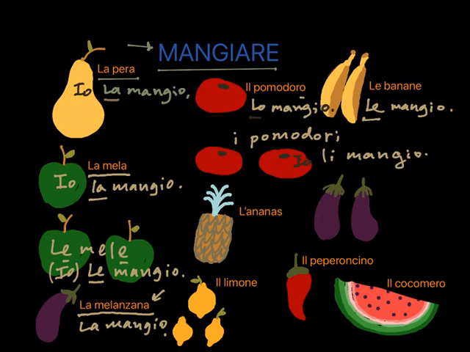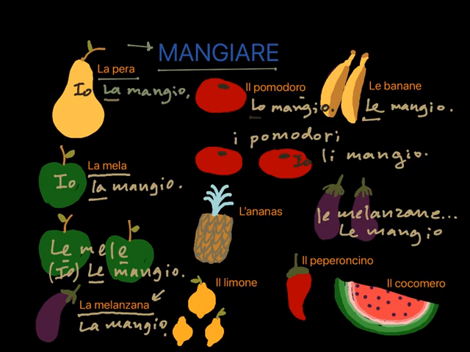Then you have le melanzane, plural. How do you know that they're melanzane? Well, you look at the singular melanzana at the left corner, and then you will say le mangio, and it will be the direct object pronoun.